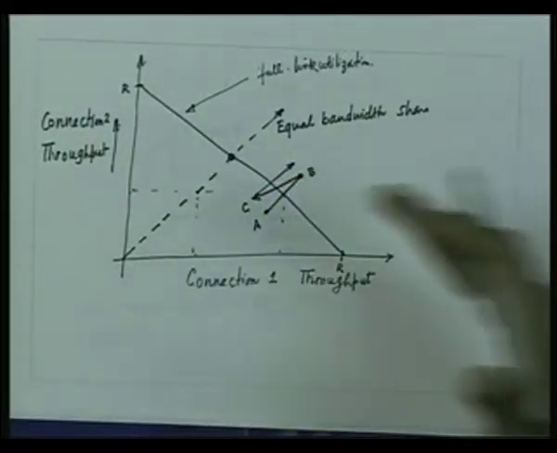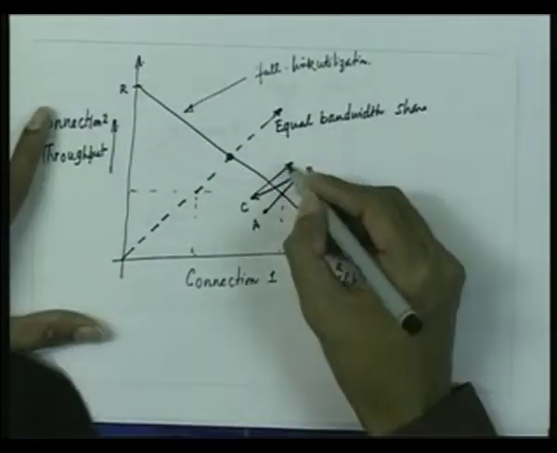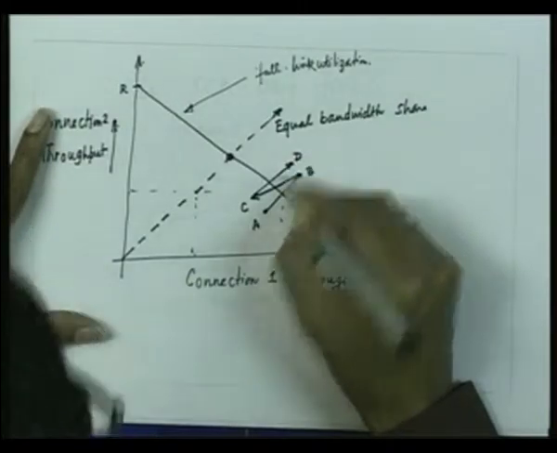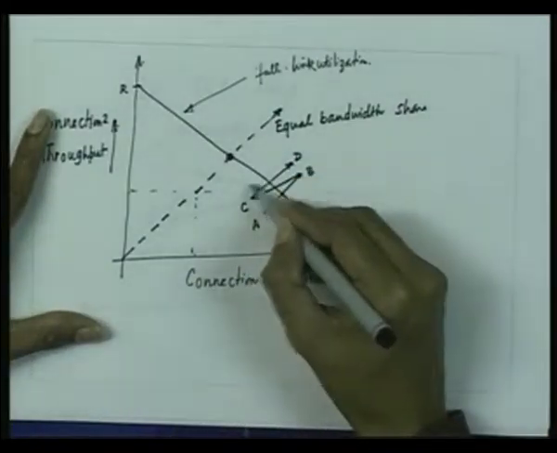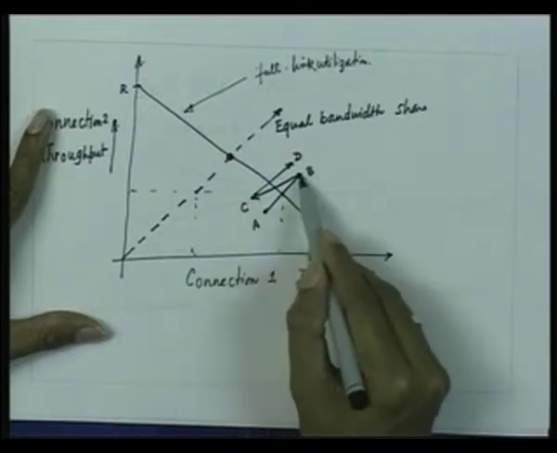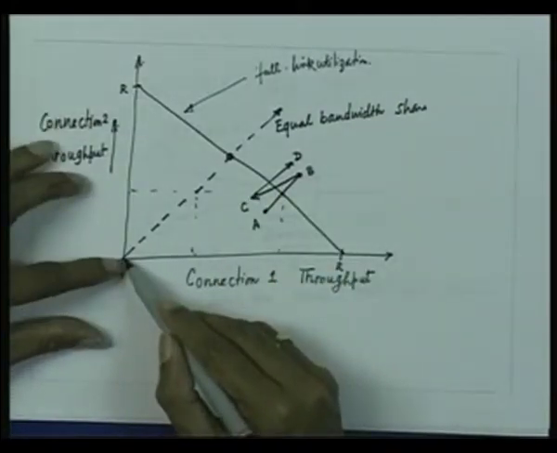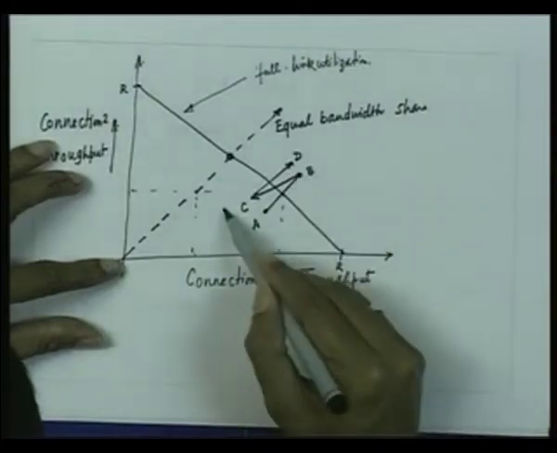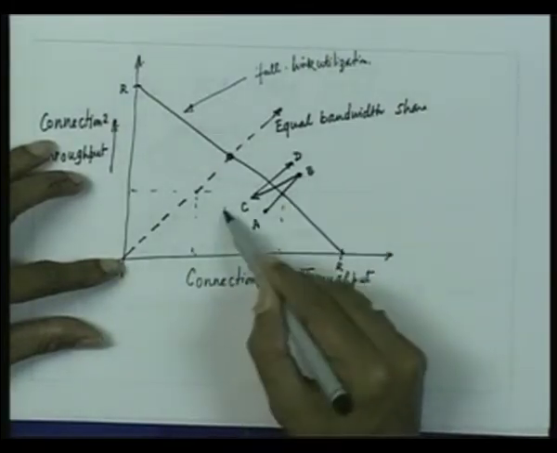Again when you cross this line, you reach a point D where again you detect a congestion, and so on. From B you have reduced the rate to half of your transmission rate, so you can join the line from the origin to B and reduce it to half of it.